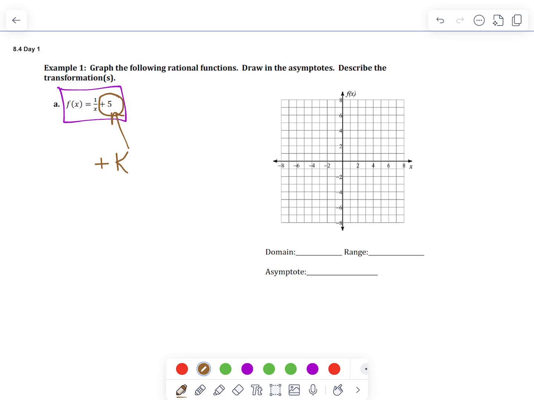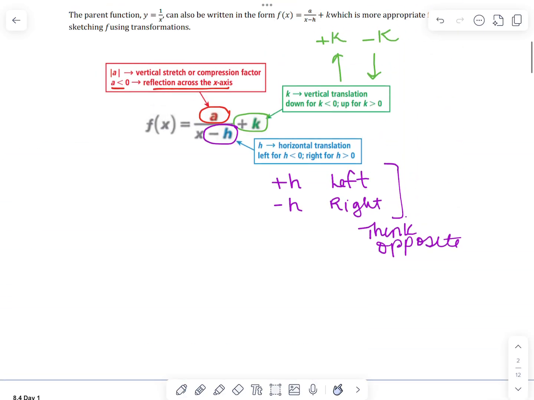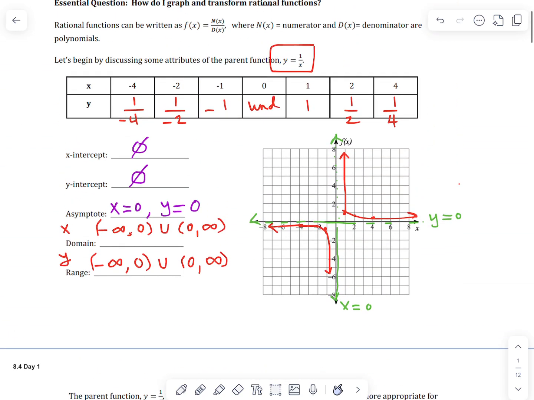So it's going to move all of our ordered pairs up 5 units. If we look back at our parent function, we take this green asymptote, y equals 0, and move it up 5.